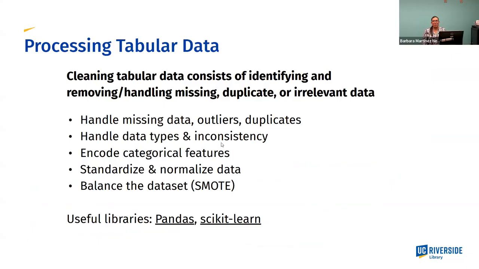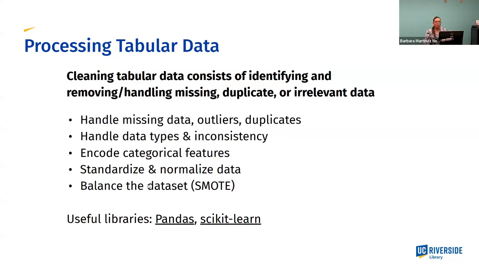You might handle data types, where maybe one column has data that's both a string, like text, or a number, like an integer. And maybe encoding categorical features, where you represent things like strongly agree to strongly disagree with the numbers 1 through 5.